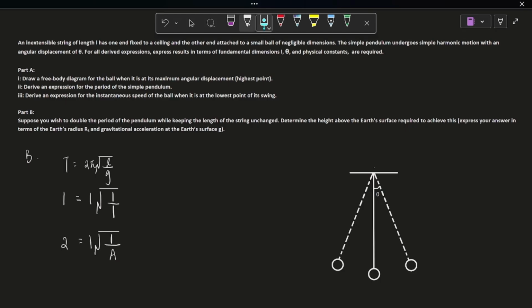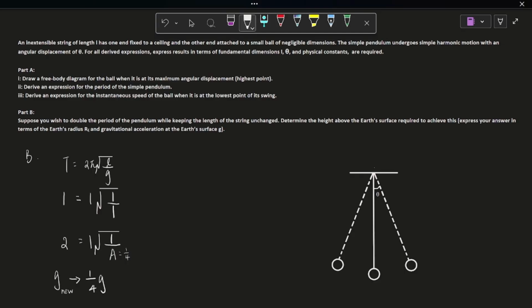The answer is 1 over 4. Because 1 divided by 1 over 4 is equal to 4, and the square root of 4 will give you a 2, and 2 times 1 will give us 2. So g new will become 1 over 4g.